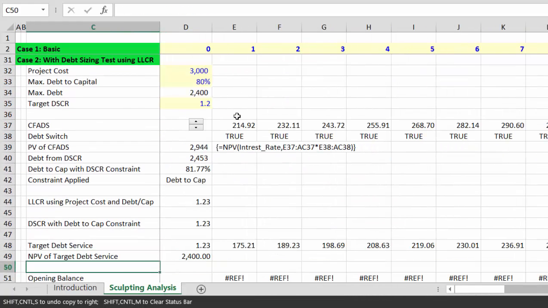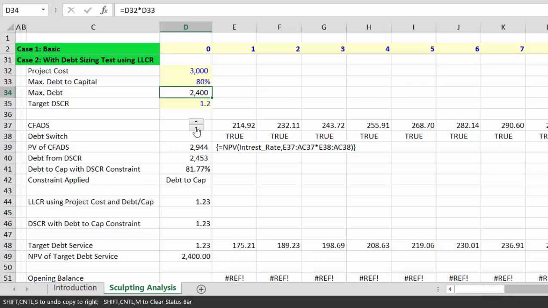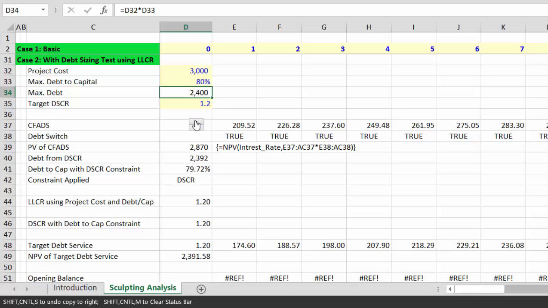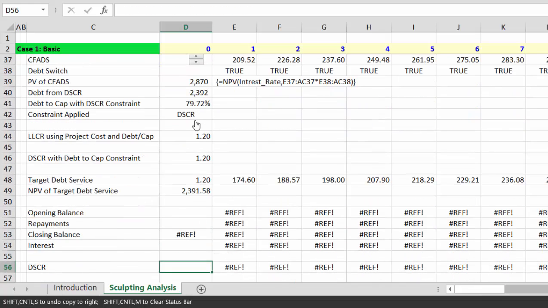Okay, so that's our, we're hitting the debt to capital constraint here. If we would put this down, then now we're hitting the DSCR constraint. Okay, we can only have a maximum debt to capital or a minimum DSCR.